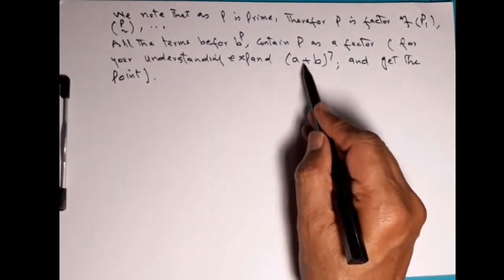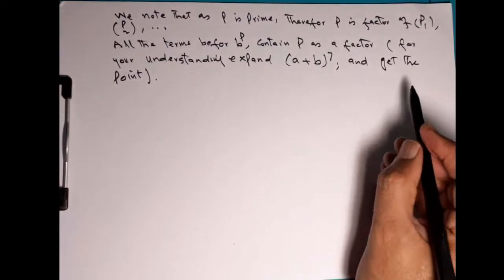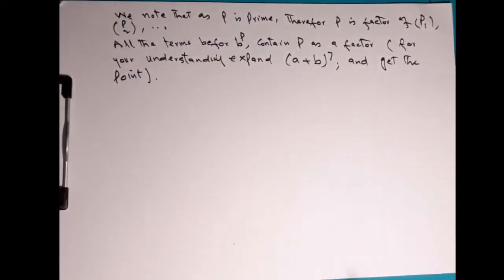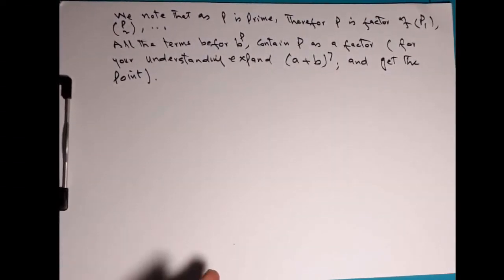Expand a plus b raised to power 7 by binomial theorem, and you will see that after the first term and before the last term, each term will have 7 as a factor because 7 is prime. So do it on your own to make your understanding better.